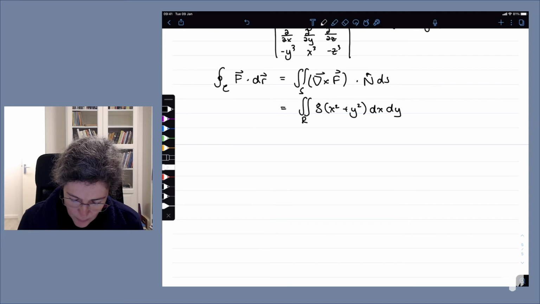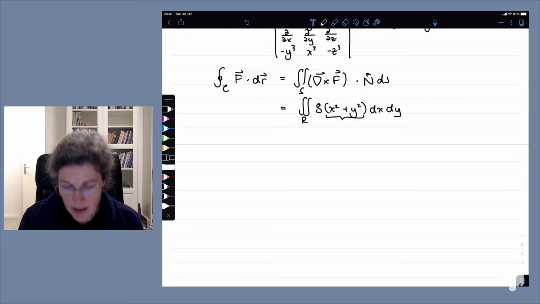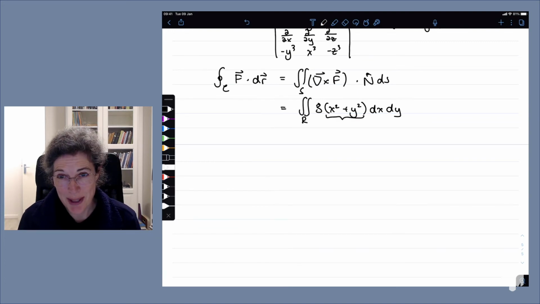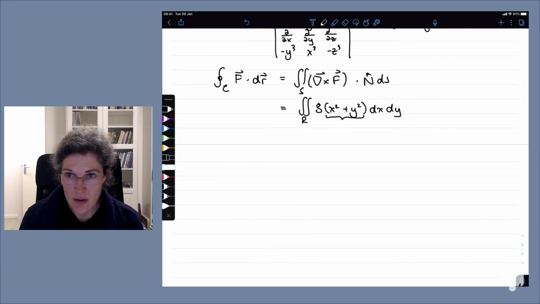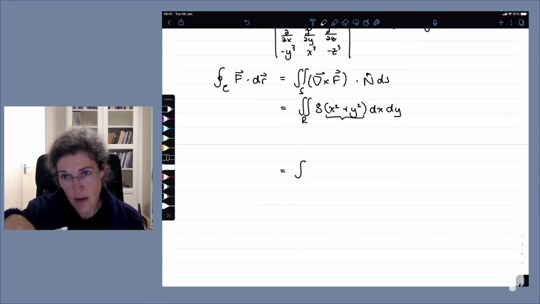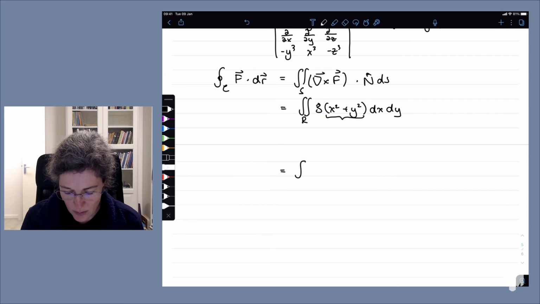And hopefully by now you'll look at this and you'll go, we're definitely going to be wanting to use polar coordinates. So we can translate this into the integral over theta, so we're going a complete way around and there's no theta dependence. So we're going to automatically get a 2 pi from integrating out the theta. And you can translate this into, so this is going to give me an r squared.